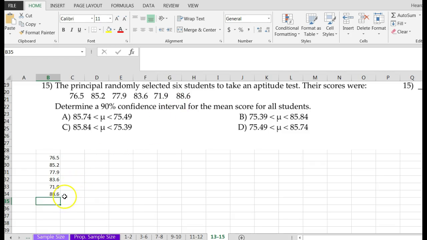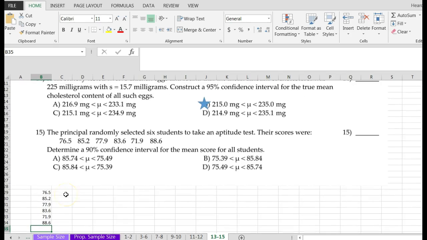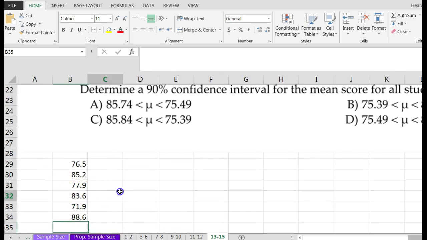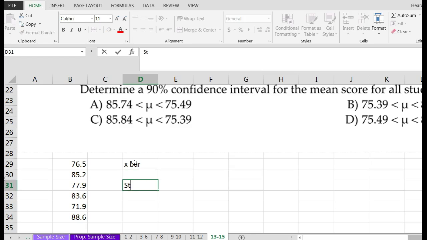Let's get the mean and the standard deviation. First of all, let me kind of blow this up for you. I'm going to be finding X bar, and then the standard deviation, which is S. For X bar, I'm going to put in parentheses mean.